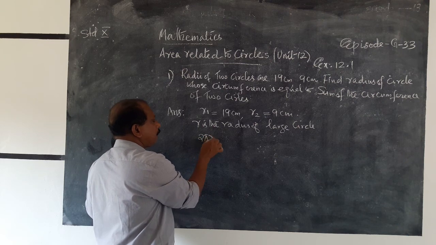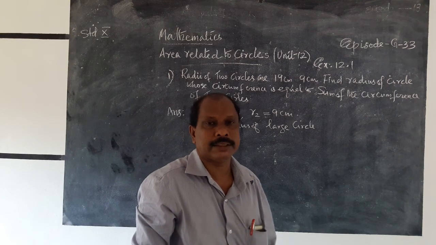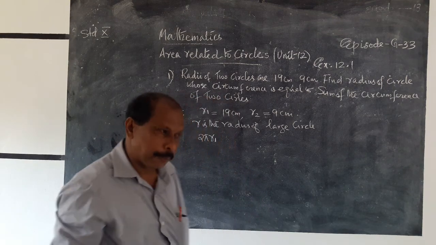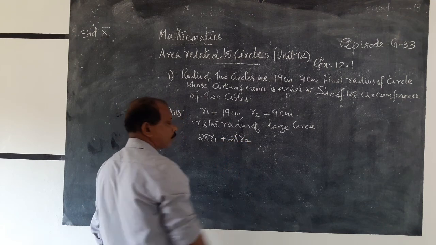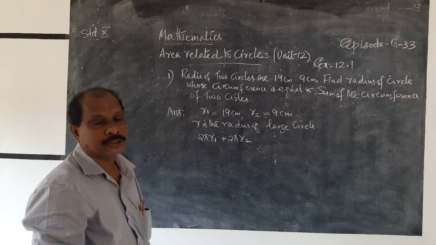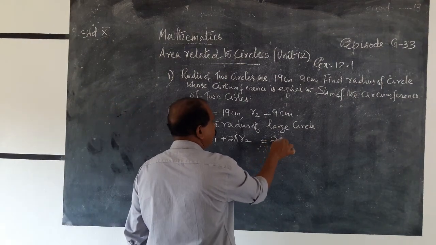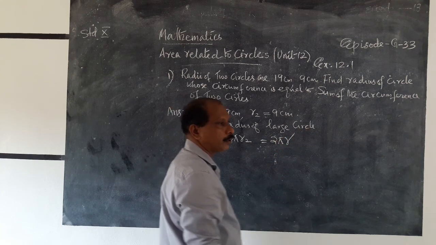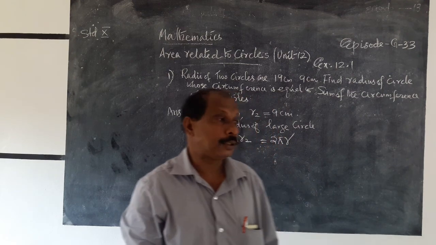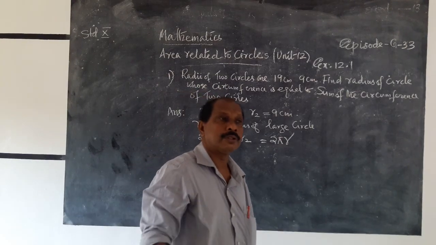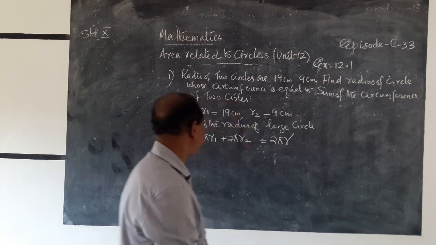Two pi R1, that is the circumference of the first circle, plus 2 pi R2, the circumference of the second circle, is equal to 2 pi R of the large circle. That means the sum of the circumferences of the two circles is equal to the circumference of the circle whose radius we can find out.